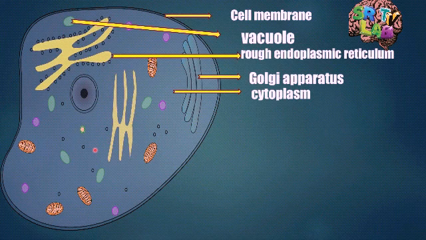The cytoplasm surrounds and protects the organelles of the cell, and is where many cellular processes such as protein synthesis and glycolysis take place. That is the cytoplasm.